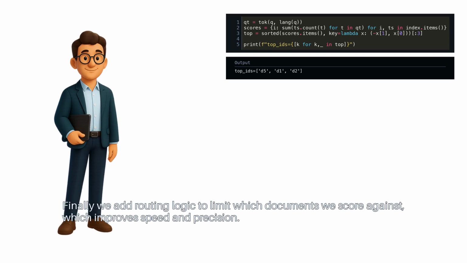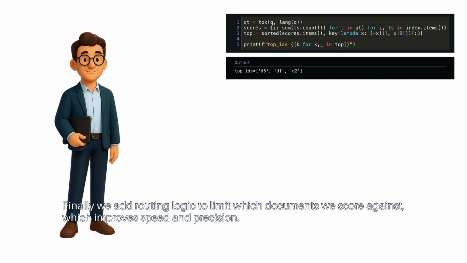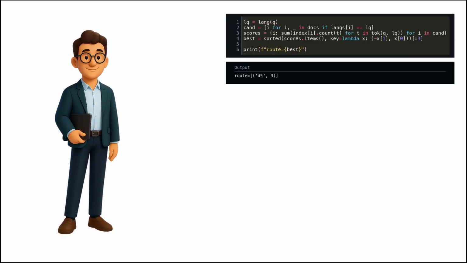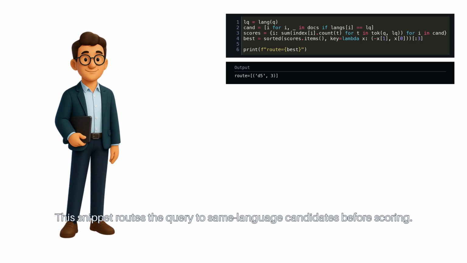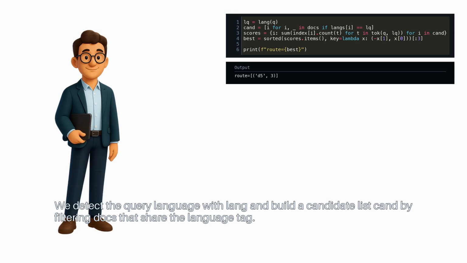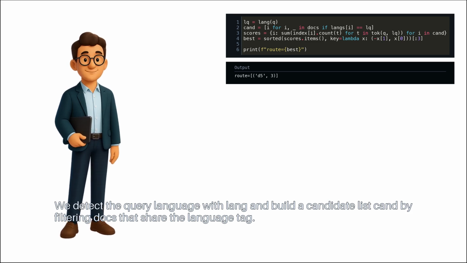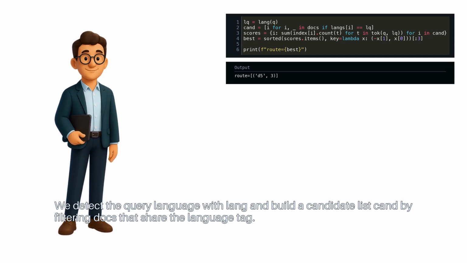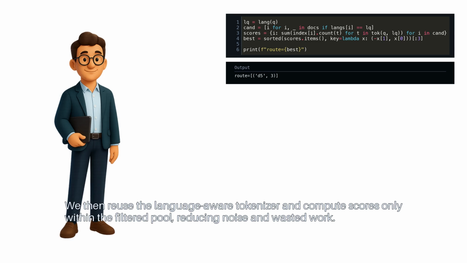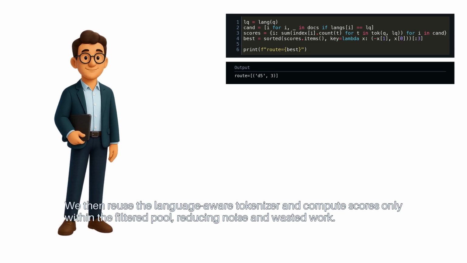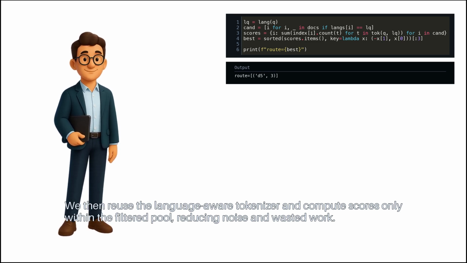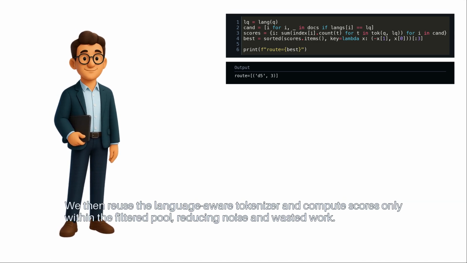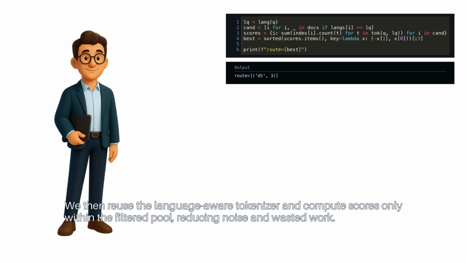Finally, we add routing logic to limit which documents we score against, which improves speed and precision. This snippet routes the query to same-language candidates before scoring. We detect the query language with lang and build a candidate list by filtering docs that share the language tag. We then reuse the language-aware tokenizer and compute scores only within the filtered pool, reducing noise and wasted work.